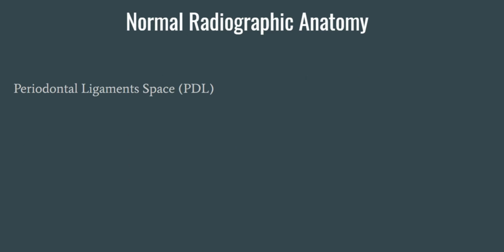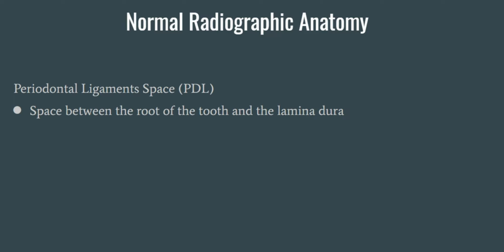The periodontal ligament space, or the PDL, is the space between the root of the tooth and the lamina dura. It's going to contain connective tissue fibers and blood vessels.